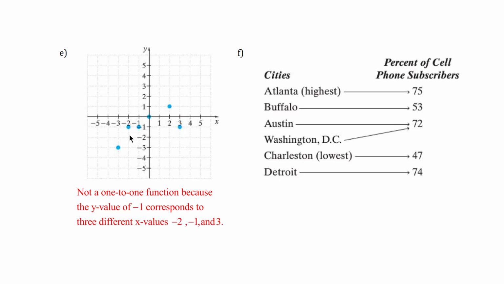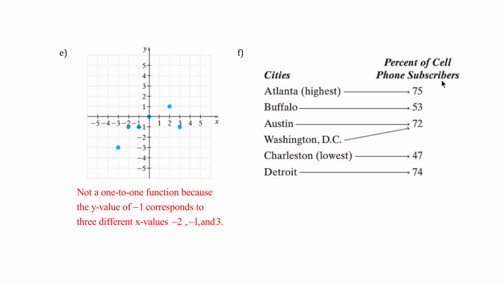If we take a look at these 3 points here, we have (-2, -1), (-1, -1), and (3, -1). These 3 points here have a y value of -1, which corresponds to 3 different x values, -2, -1, and +3.